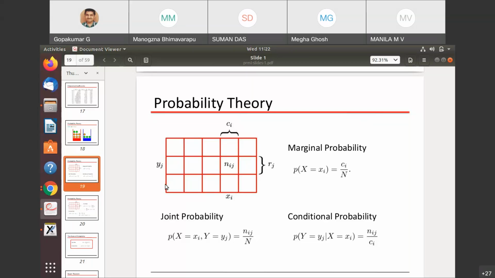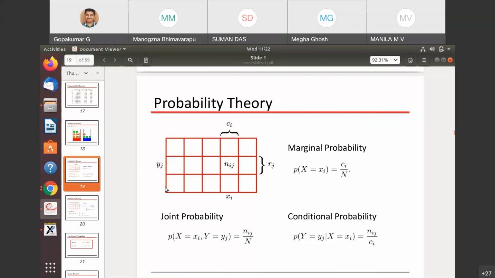So if you look at the xi column, it represents all the cases where the random variable x takes the xi value, and correspondingly for that particular value y can take 3 different values.